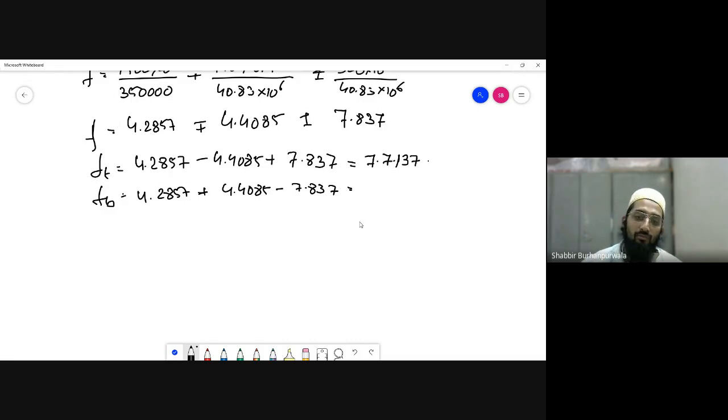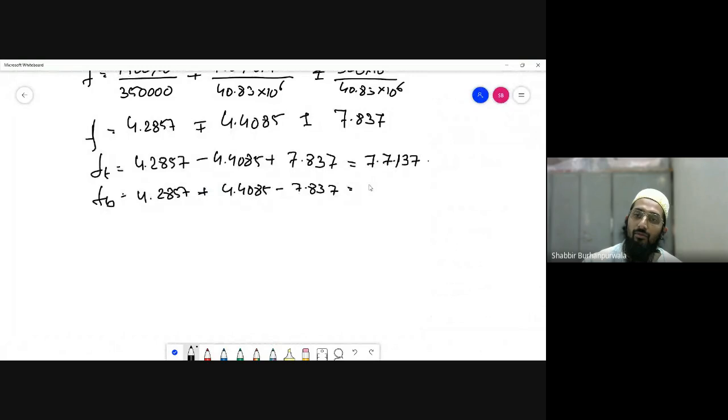And for bottom fiber, we are getting the value of 0.8577. Now this answer 0.8577, are you getting positive or negative? I hope it is positive because these 4.2 and 4.4 are 8.6 itself. So the answer will be coming positive.